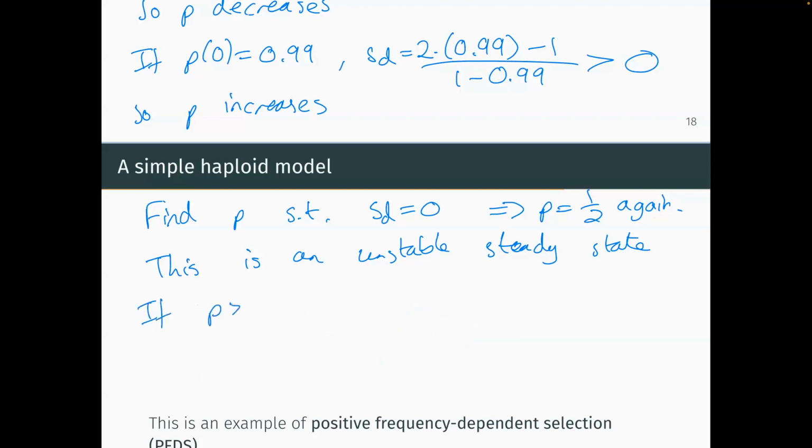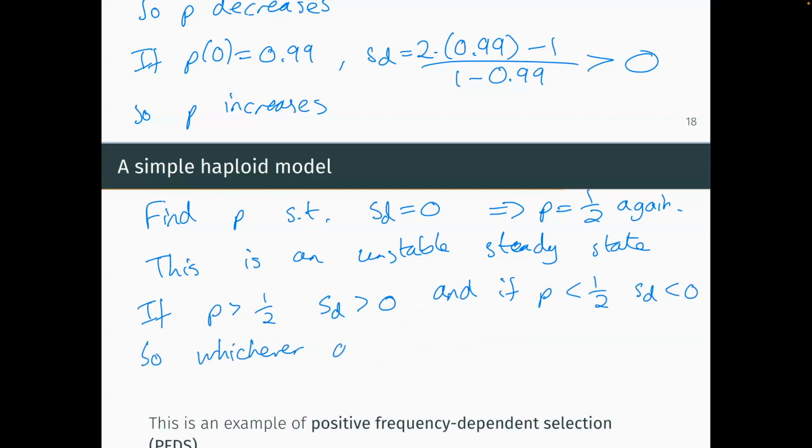Ultimately, if P is greater than 1/2, our selection coefficient is positive. And if P is less than 1/2, our selection coefficient is negative. So in other words, whichever allele is more common will go to fixation.